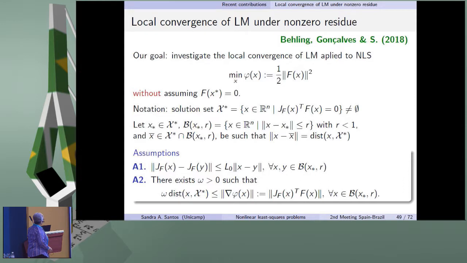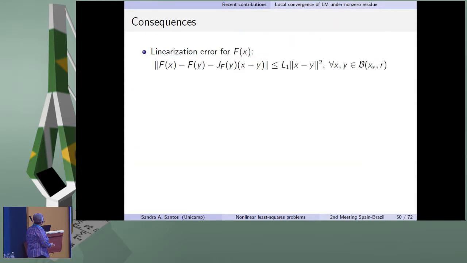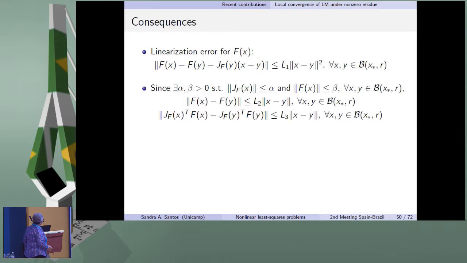Basically, we have the classical linearization error for the residual function, and we just need it in our neighborhood of interest. Because of this neighborhood, we have the boundedness of the norm of the Jacobian and the norm of the residual, so that both are Lipschitz also.